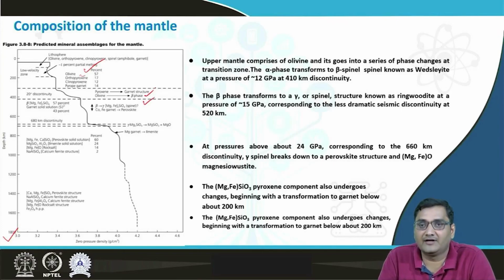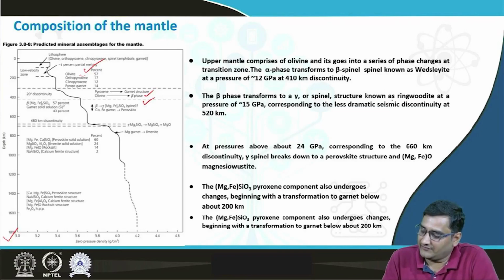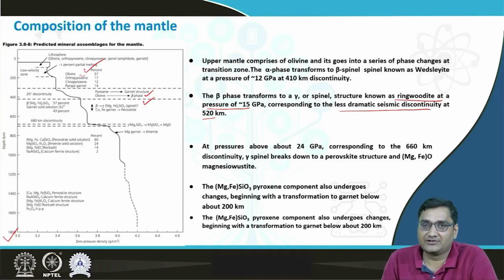and this gamma phase also has the spinel structure, known as ringwoodite, and that happens at around 15 gigapascal pressure, and this discontinuity is present at 520 kilometer. This is a less dramatic seismic discontinuity around which this phase transformation happens.